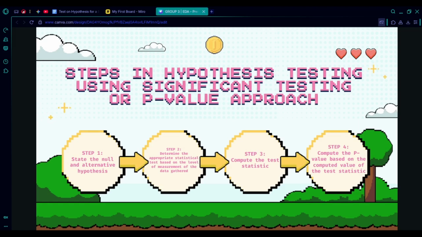When we are using z-test, the value of n is greater than or equal to 30. So what does it mean? So let's say for example, we got a sample of 35. So obviously that is greater than 30.